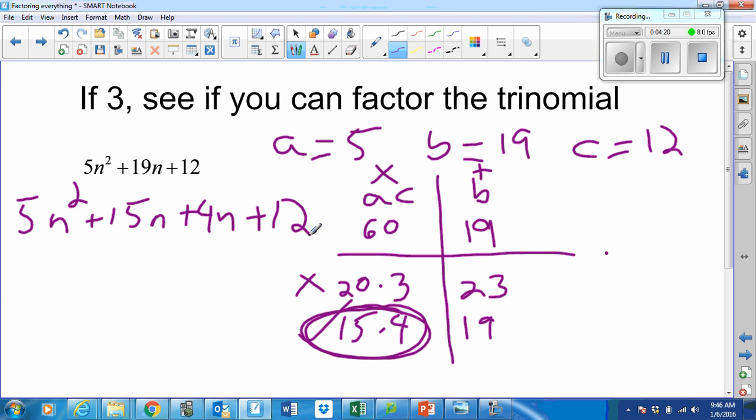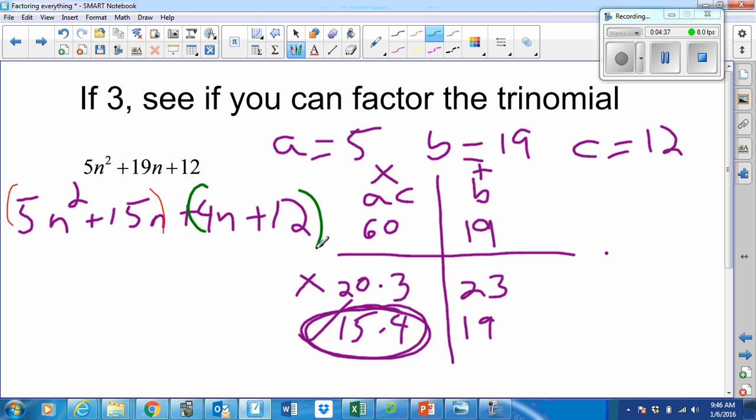And now we're going to do what's called factoring by grouping, meaning that we're going to put these two terms together and we're going to put these two terms together. And we're going to factor out the GCF from what I put in the red parentheses and what I put in the green parentheses.